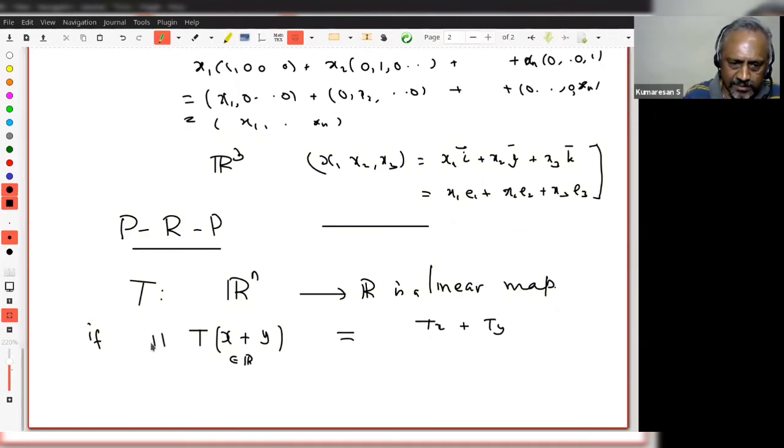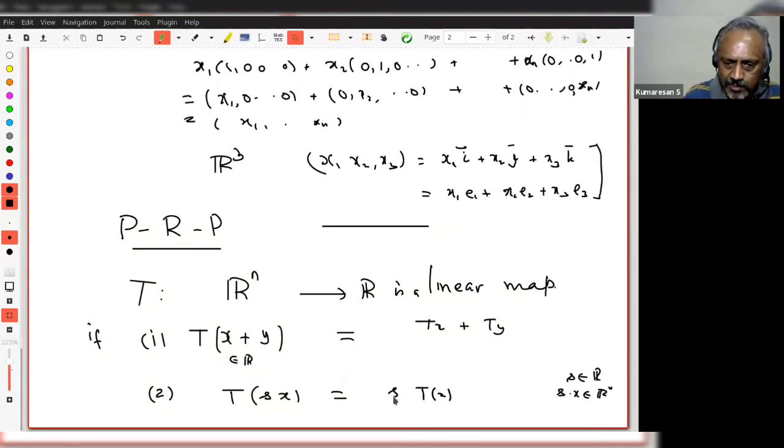That's the first condition. And the second condition is T of s times x. Unfortunately I chose T so that I can't use it for the scalar, so I'll use s. Here s is a real number. Remember x is a vector, s is a real number, therefore s x is again a vector in Rn, therefore T of s x will be a real number. Now let's look at Tx, this is a real number and s is a real number, therefore I can multiply these two.